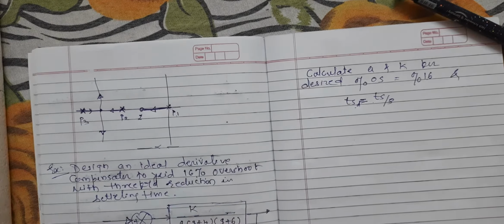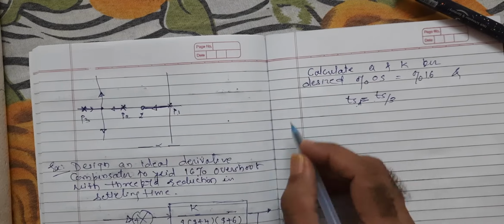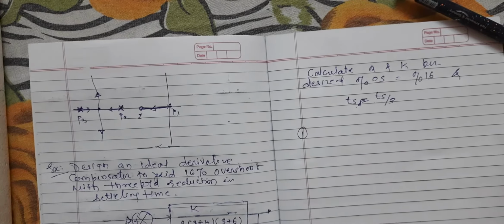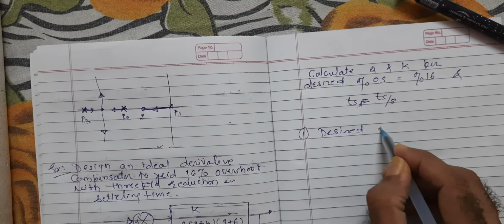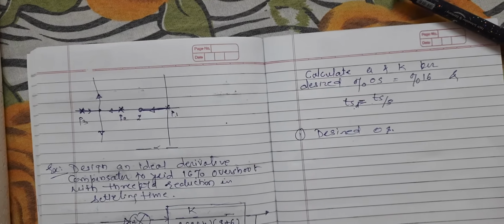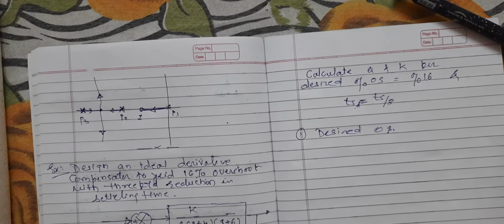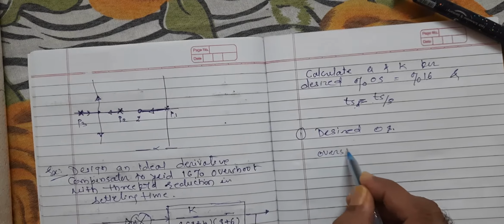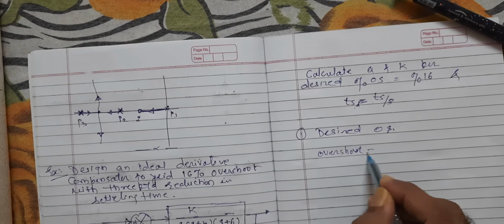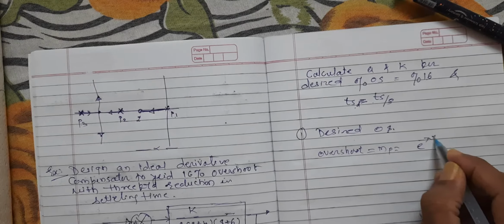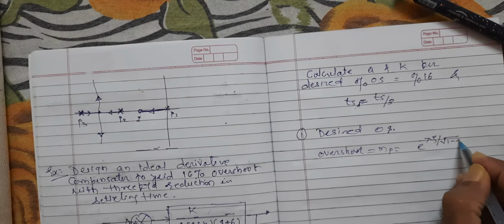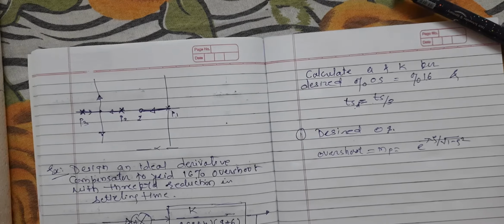Now for this one we can calculate the desired overshoot. We know overshoot, Mp, equals e raised to minus pi into zeta divided by the square root of 1 minus zeta squared.